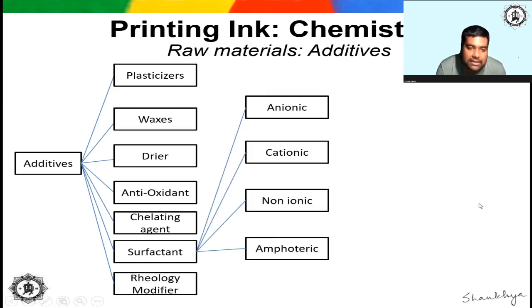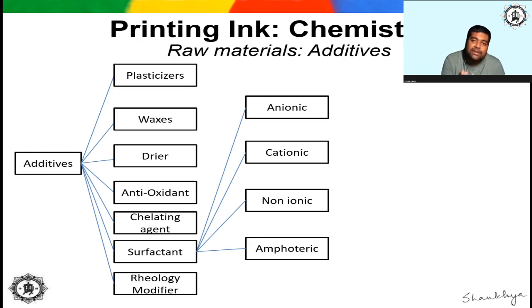Then we have got what? The surfactants. Surfactants are used in ink making in order to make the pigments more susceptible to being coated on their surface by the vehicle. I've already told you before during the MQC lab, when we were testing with the Hegman gauge, that the pigment particles should be evenly coated with the help of the vehicle, and should remain very well dispersed within the vehicle, that is the dispersion medium of the ink.